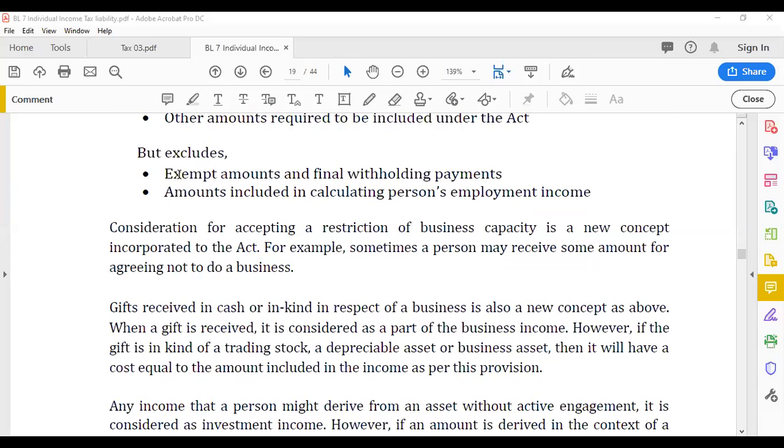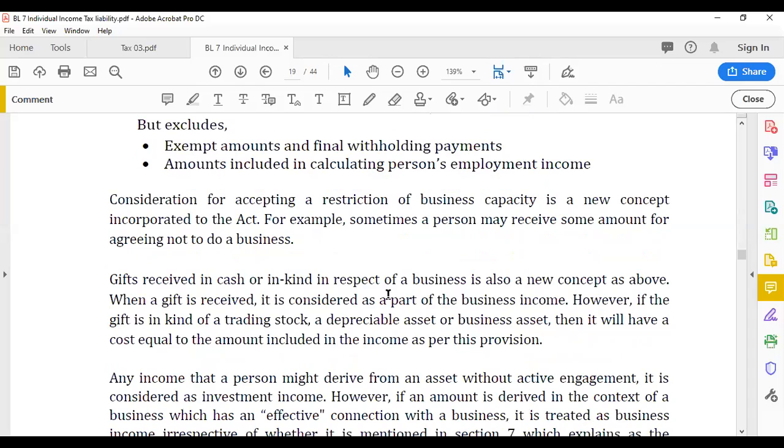And it excludes exempt amount and final withholding tax payment, exempt amount and final withholding payment, and the amount included in calculating a person's employment income. If any income is considered under employment income, we cannot consider that. Right? And consideration for accepting a restriction of business capacity is a new concept incorporated into the Act.